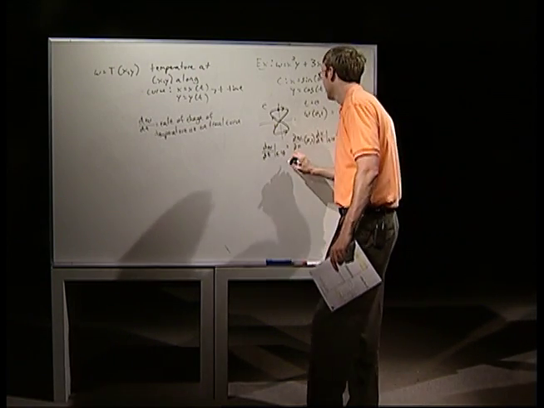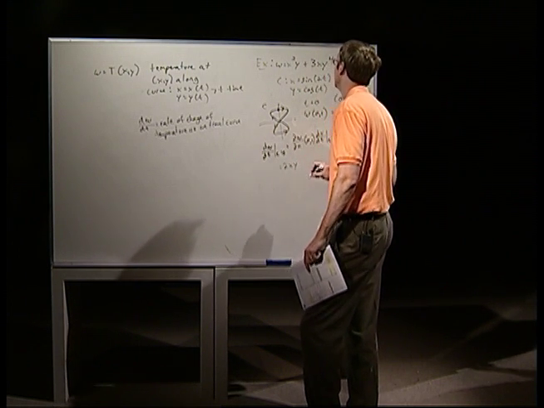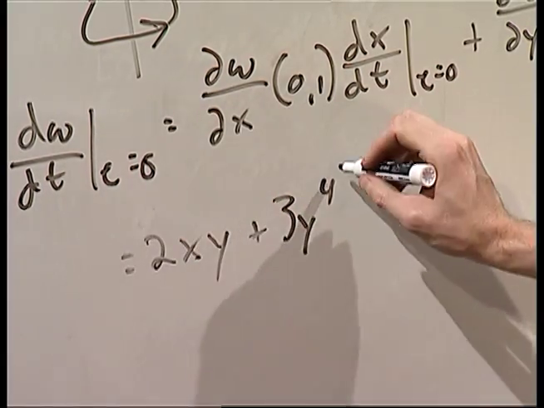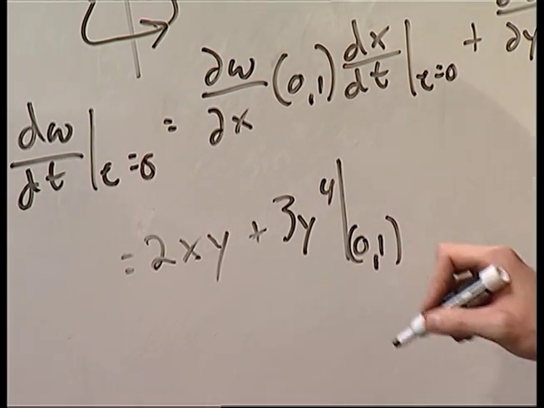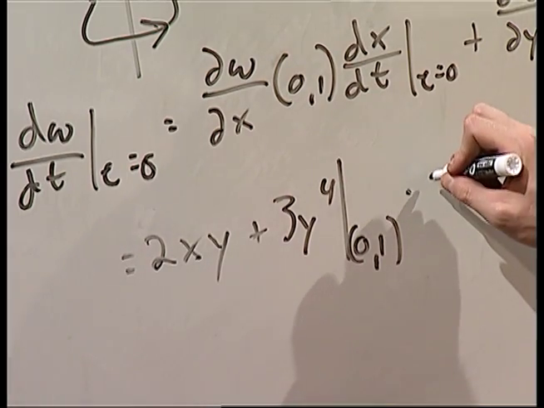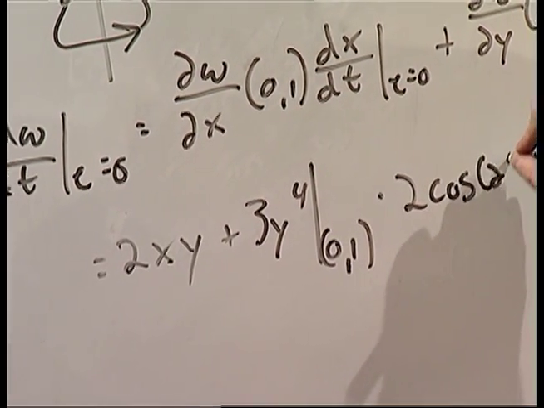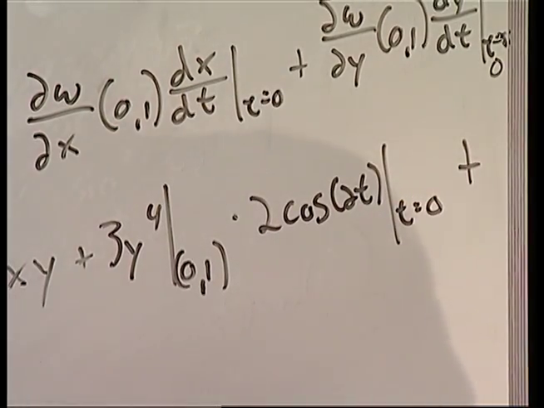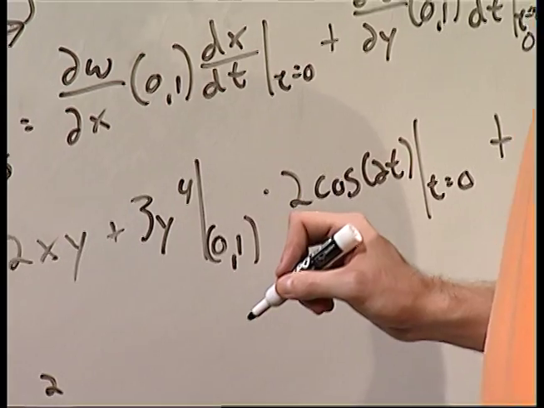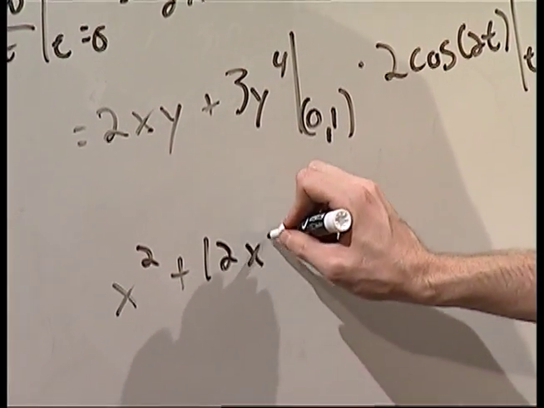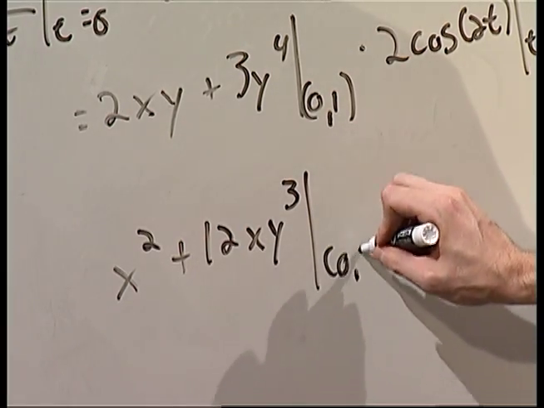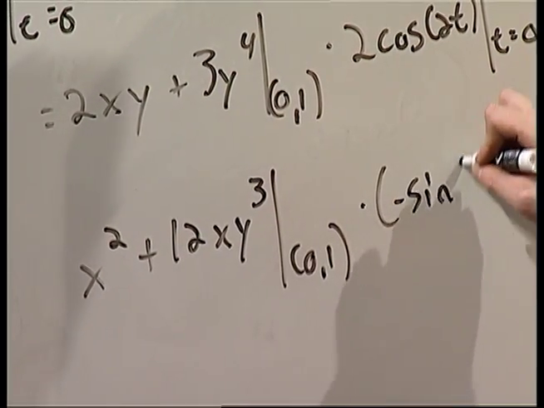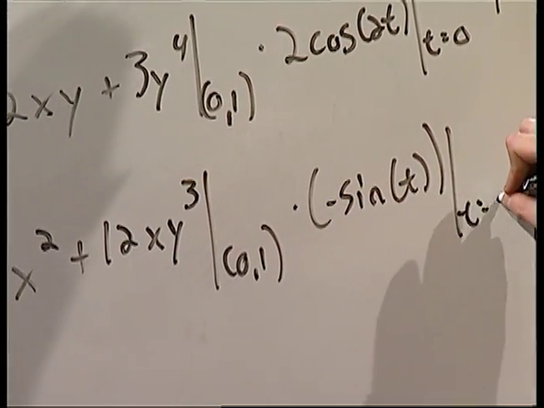The partial derivative there is 2xy plus 3y to the fourth, and that is evaluated at 0, 1. dx/dt is 2 cosine 2t at t equals 0, plus partial w partial y, which is x squared and 12xy cubed, and then times minus sine t at t equals 0.